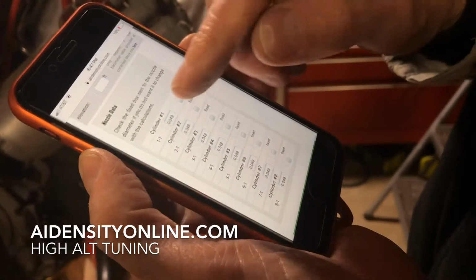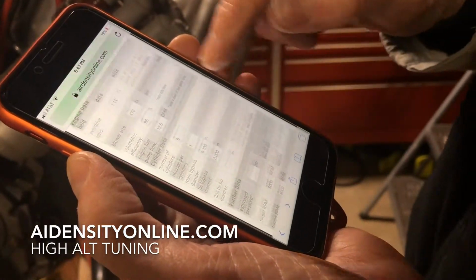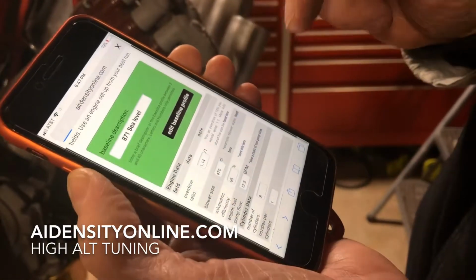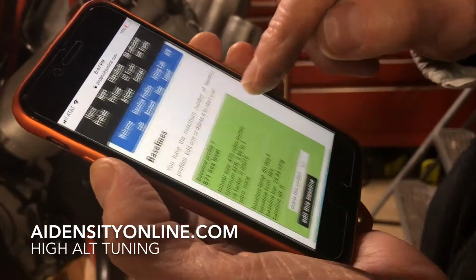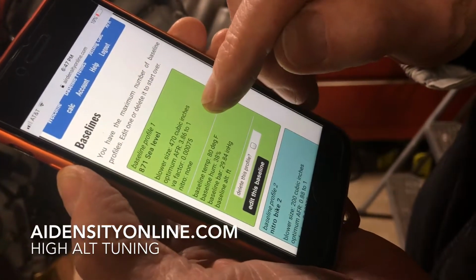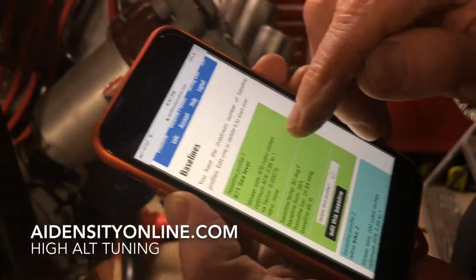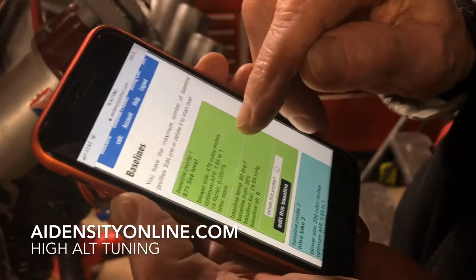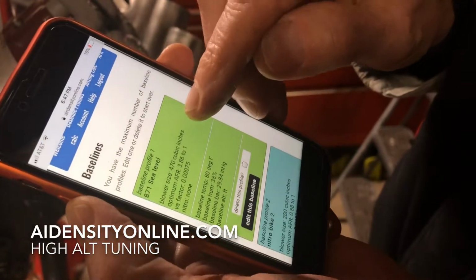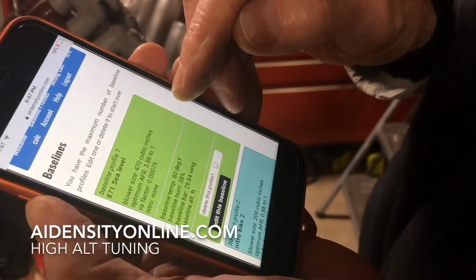This setup's got 49 thousandths nozzles, and that combination gives us a 3.86 to 1 air to fuel ratio. That's pretty good for a blown alcohol big block Chevy for a 470 cubic inch blower size.